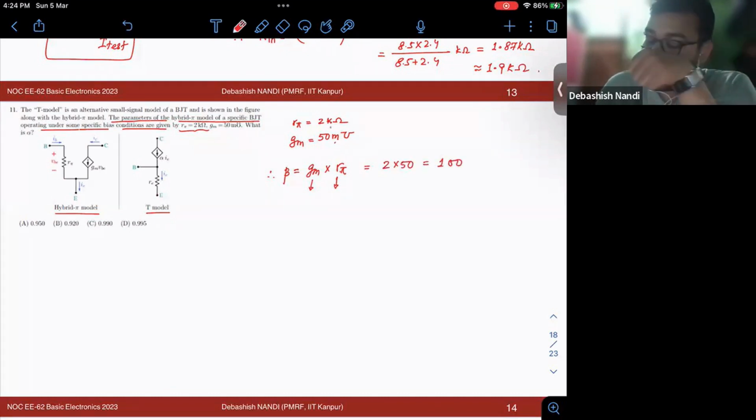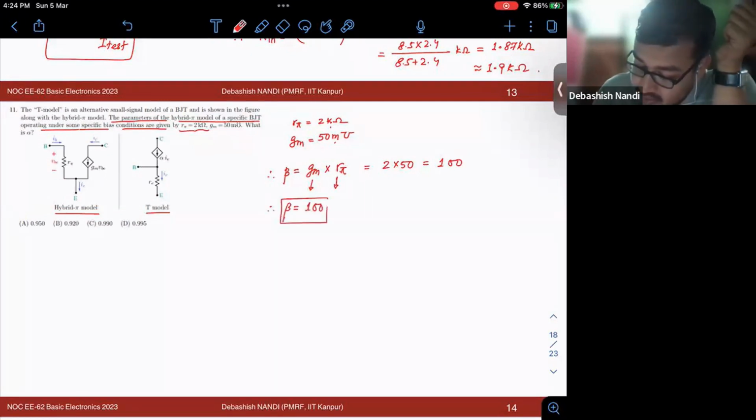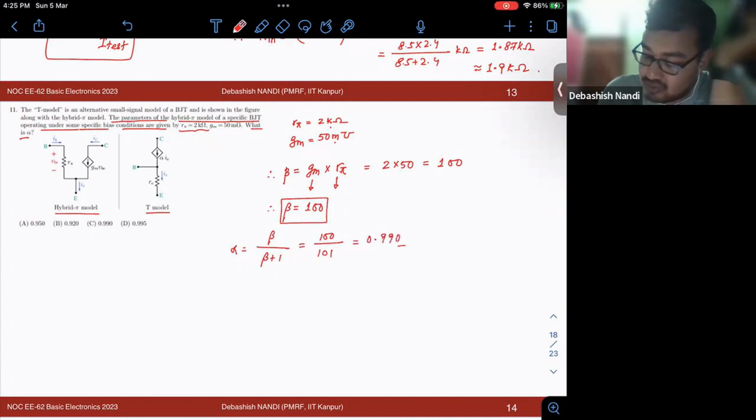Because milli and kilo will get cancelled. So your beta is 100. Now they want us to find out what is alpha. Alpha is nothing but beta over beta plus 1. That is 100 over 101. And if you calculate, it will come out to be 0.990. Okay. So C is your right option.